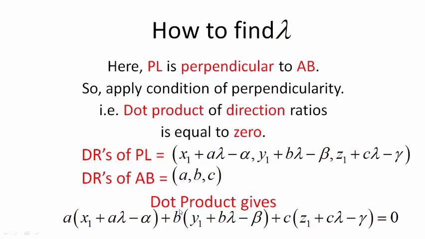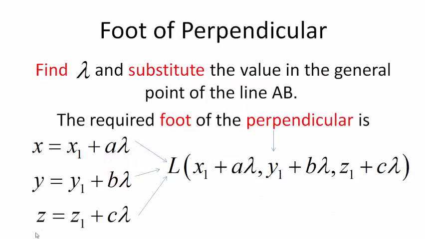The dot product will be equal to 0 since the lines are perpendicular. So this becomes a times (x1 plus a lambda minus alpha), plus b times (y1 plus b lambda minus beta), plus c times (z1 plus c lambda minus gamma), and equate it to 0. In this way you will find the value of lambda.